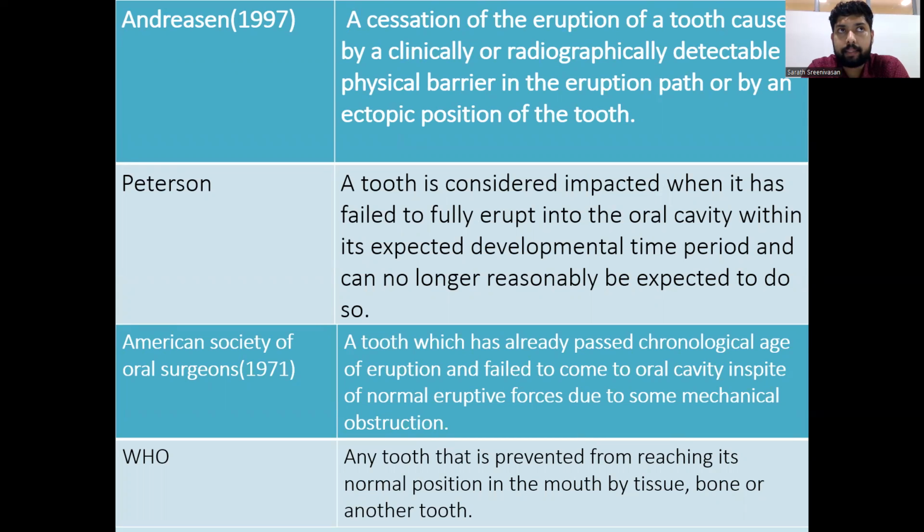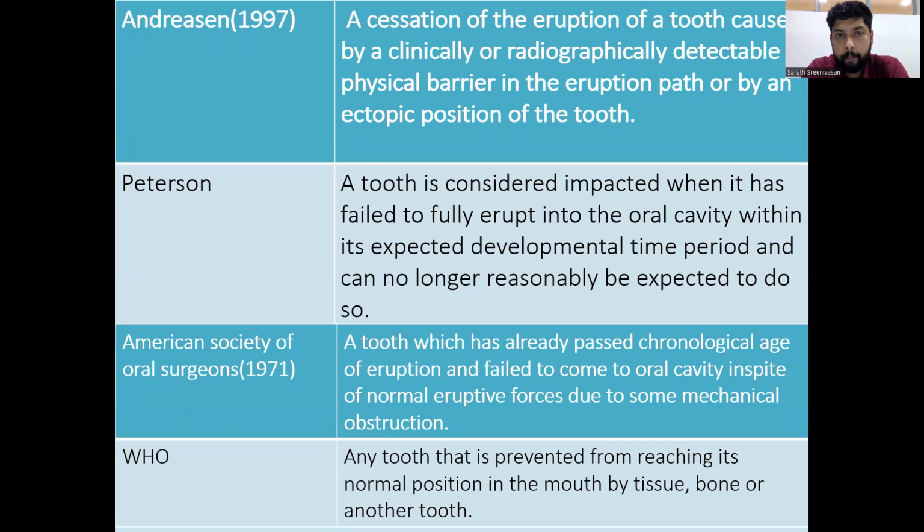According to Anderson in 1997, an impacted tooth is a cessation of the eruption of a tooth caused by a clinically or radiographically detectable physical barrier in the eruption path or by an ectopic position of the tooth.